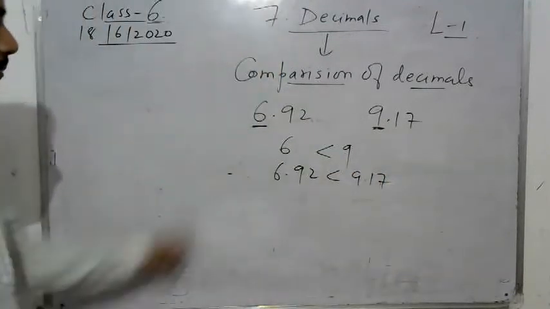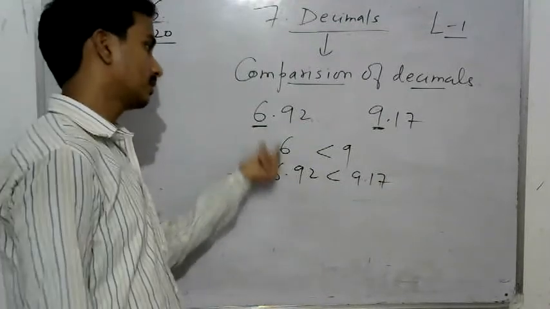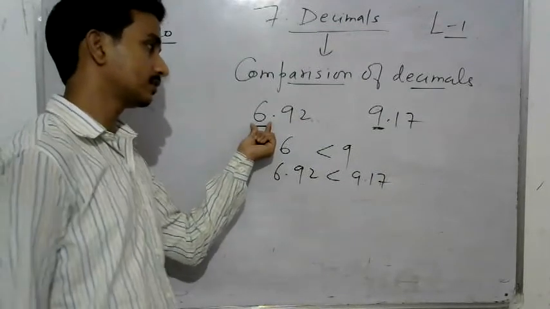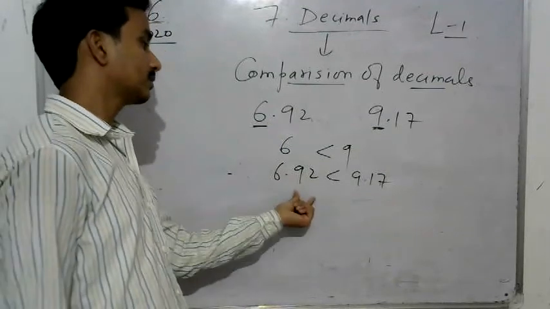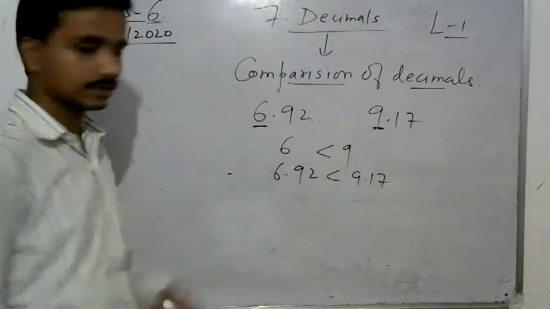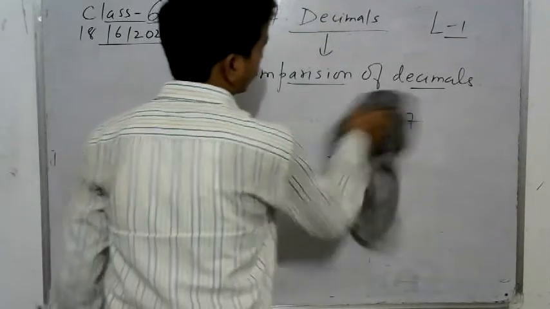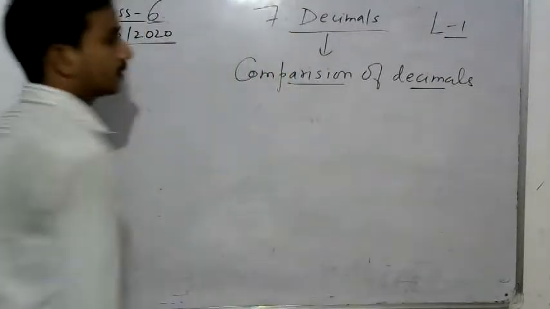In this way, you first compare the integer part. The decimal which has the lesser integer part will be less. Now, suppose the integer part is the same, then how will we compare?